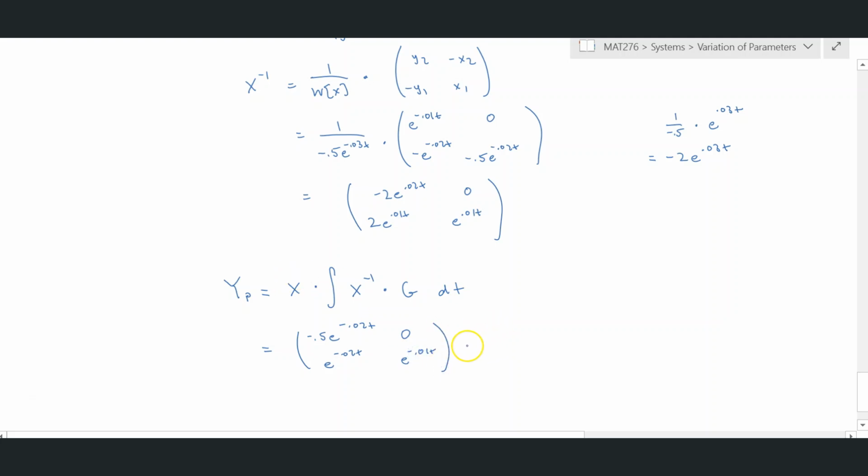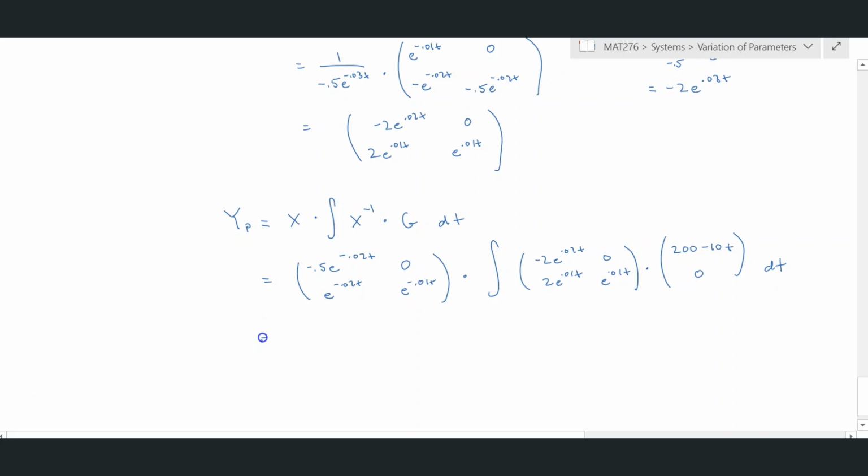That's just the x matrix. Multiply that by the integral of x inverse, which is this negative 2 e to the 0.02 t, 0, 2 e to the 0.01 t, e to the 0.01 t, multiplied by the g of t vector. Now remember, the top part was 200 minus 10t, and the bottom part was 0. And that gets integrated with respect to t.